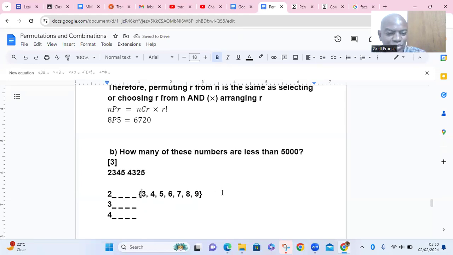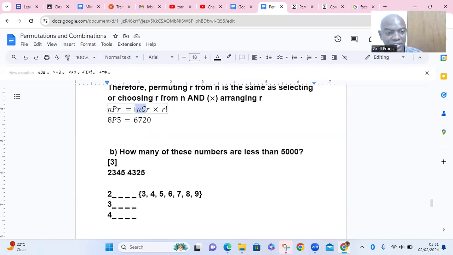So we are basically going to be selecting 4 from 7 and arranging the 4, because the 2 has to be fixed. You must start with 2. 2 is not being arranged. It has to stay in the first position.